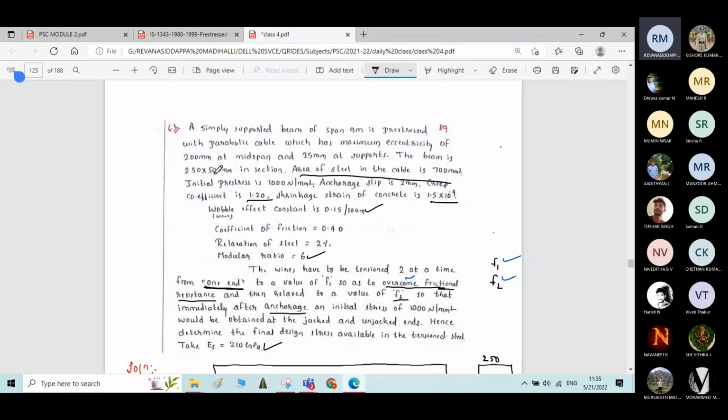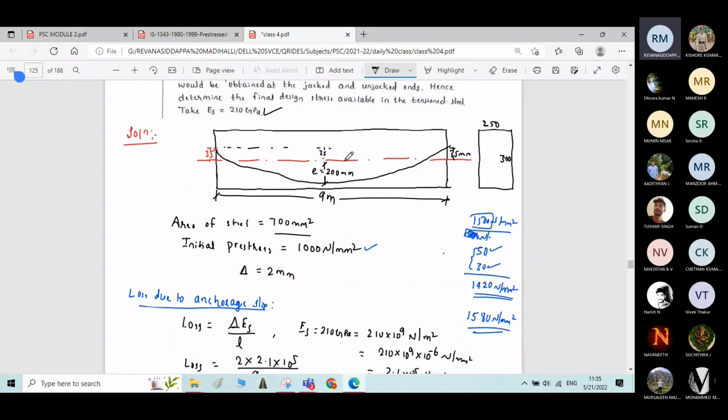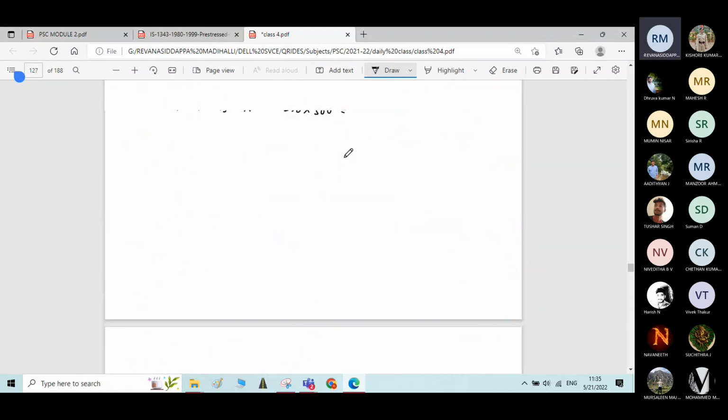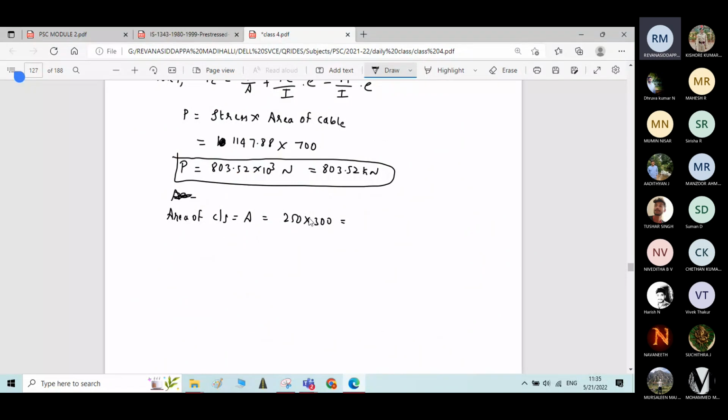Yes, it is 250 by 500. Let me correct it here. So 250 by 500. By this you'll get area of cross section as 125 into 10 power 3 mm square.